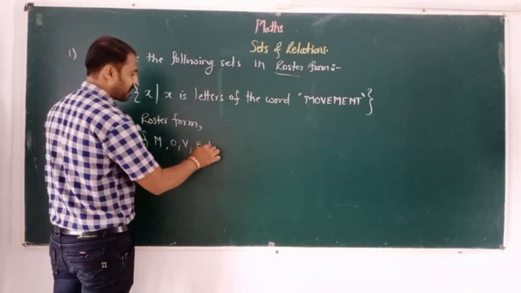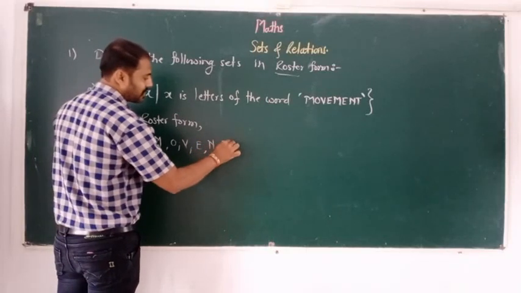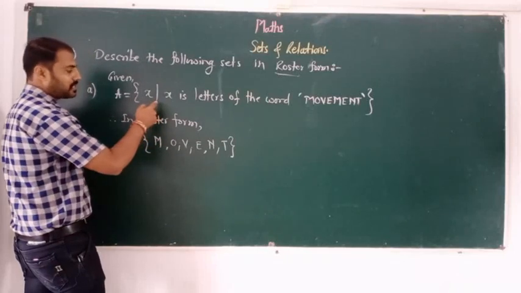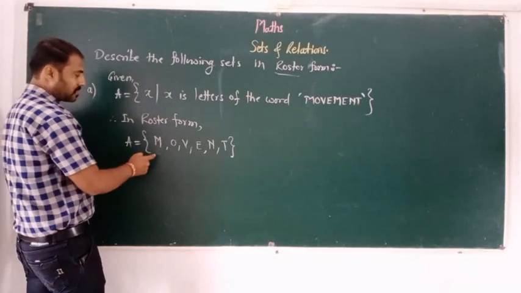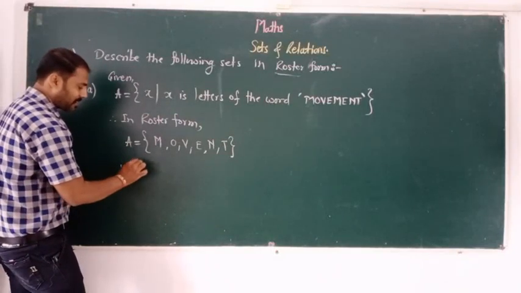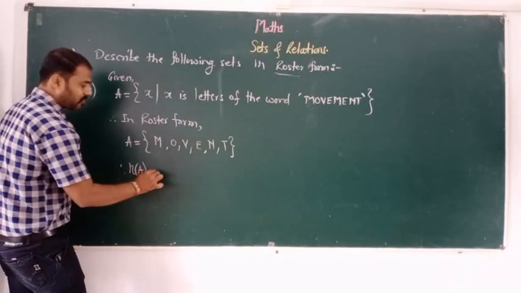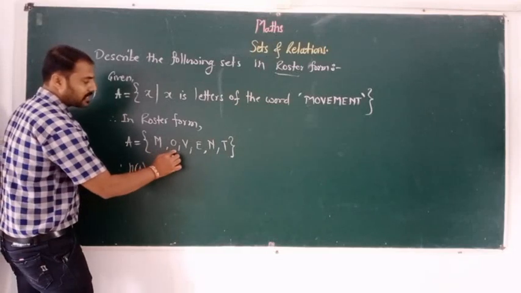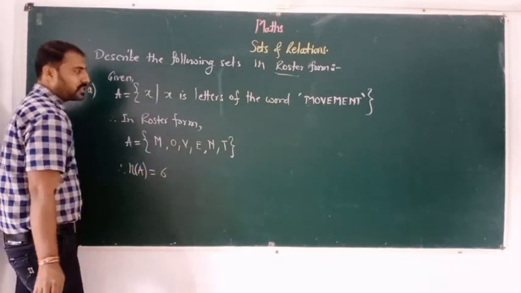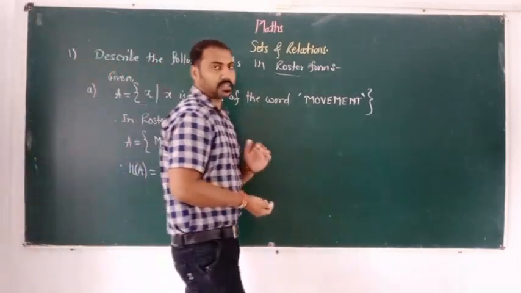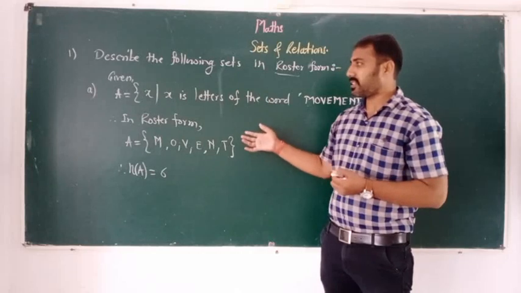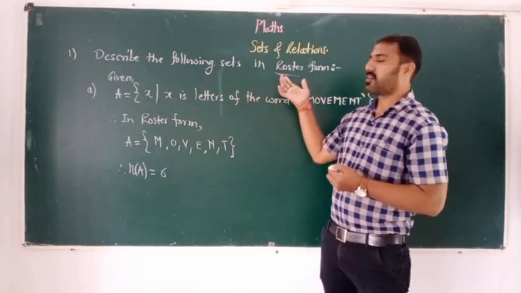Next N, and lastly T. So here we list all these elements of the set A. And I am writing the cardinality of A. n(A) is equal to what? How many elements are there? 1, 2, 3, 4, 5 and 6. So n(A) is equal to 6. This is our first example of writing the set in roster form.